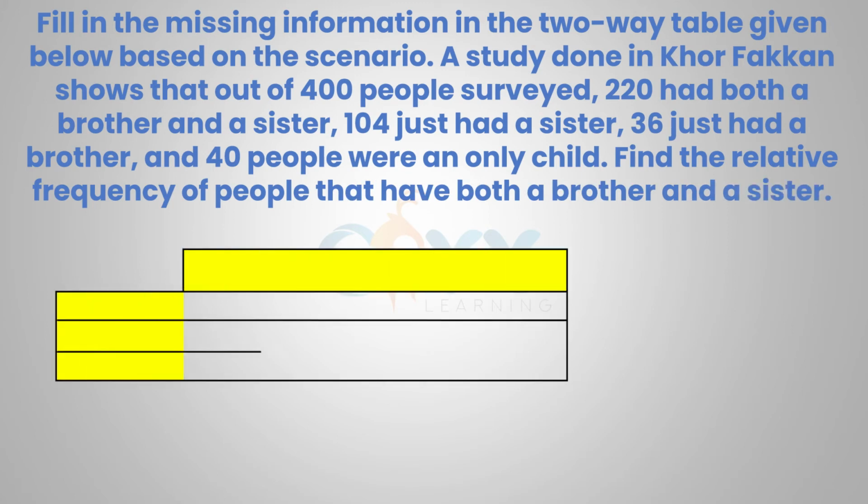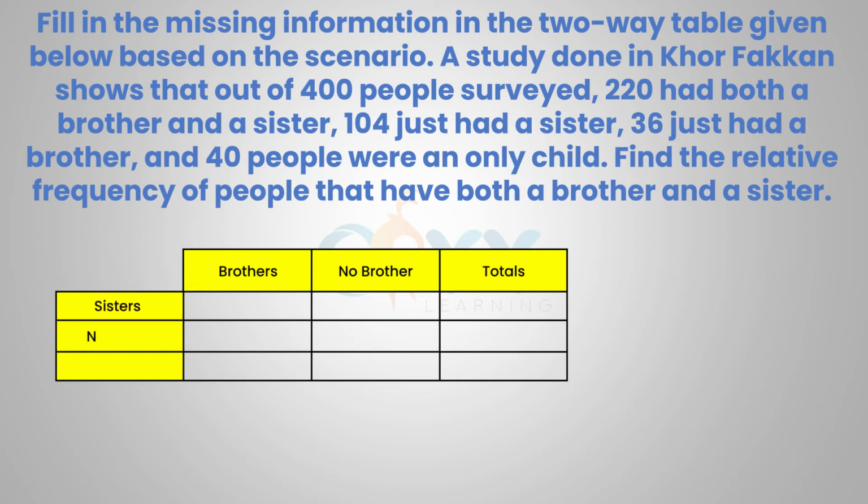Find the relative frequency of the people that have both a brother and a sister. As we go through, we know that there are 400 total people surveyed. So we'll put that in the final total count, which is in the bottom right-hand corner. There are 220 people that had both a brother and a sister, so we'll put that in the top left of the table for people that have both a brother and a sister.